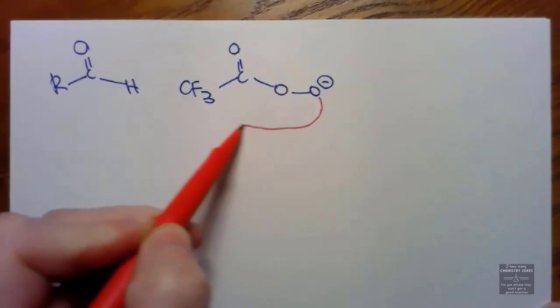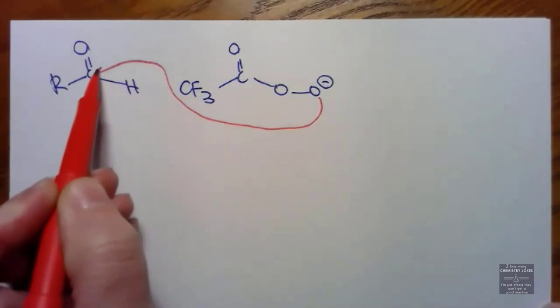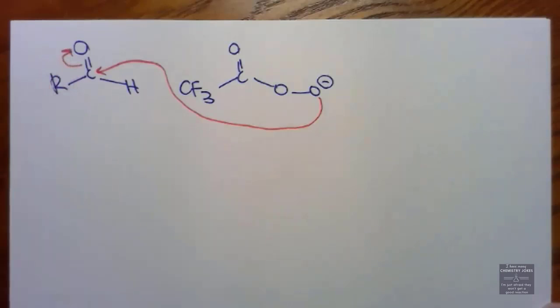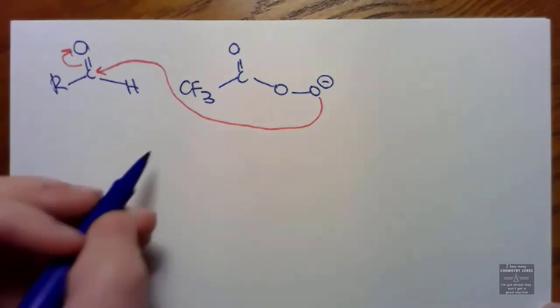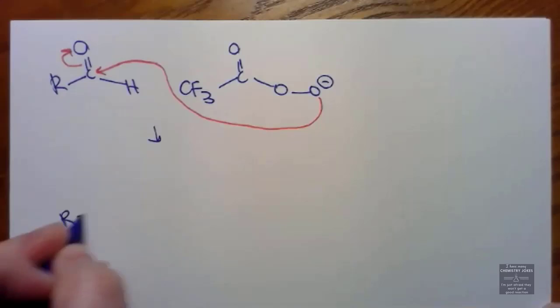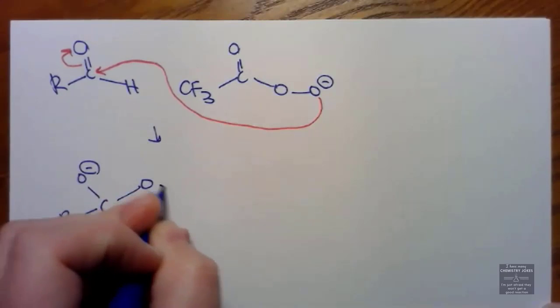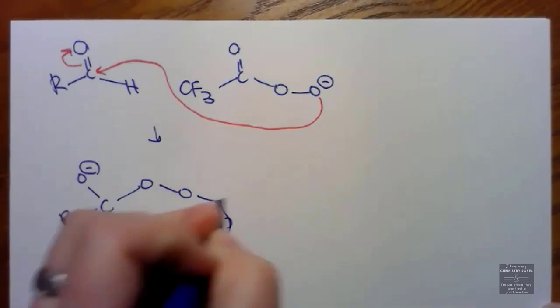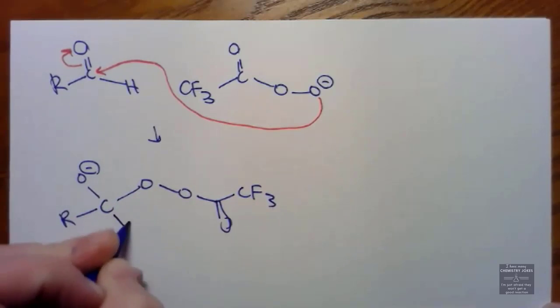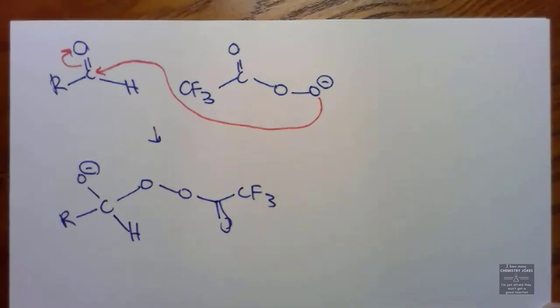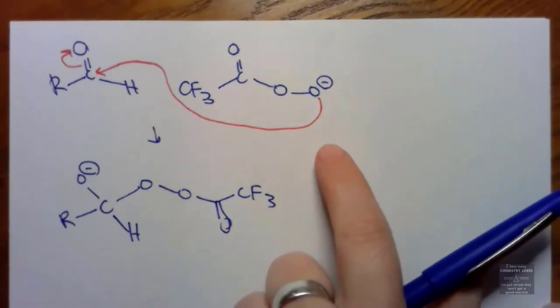Note this is an O- of my peroxy acid, so I attack the carbonyl carbon, like we've done so many times at this point. That peroxy acid gets attached to your carbonyl carbon. This could be MCPBA that you add.